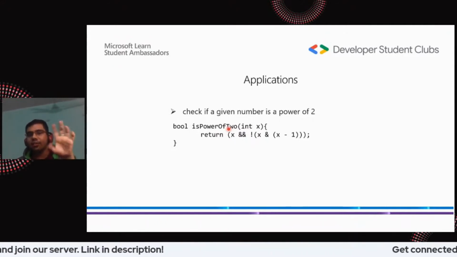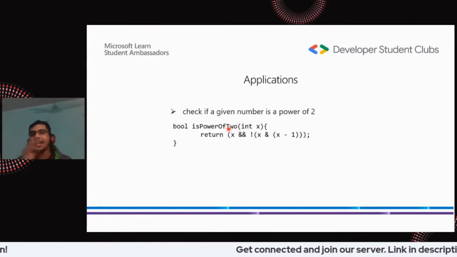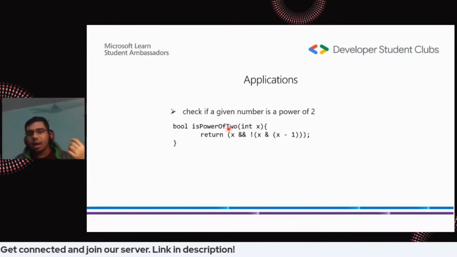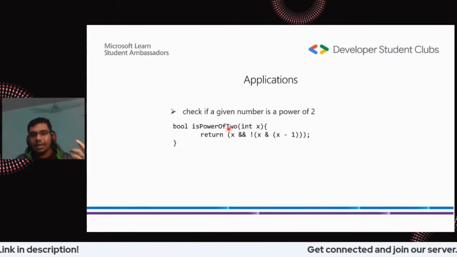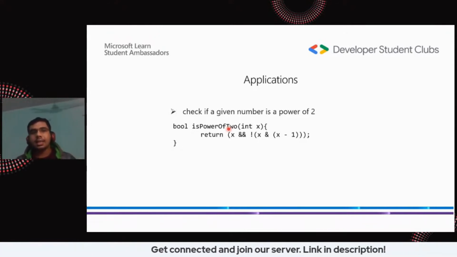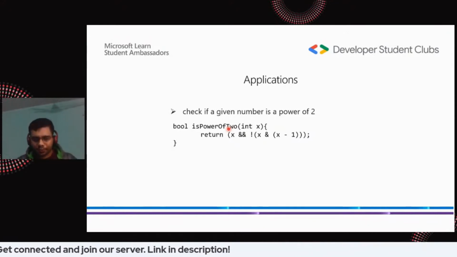This will check if x is 0 or not. And the rest, not of x and x minus 1, will check for the power of 2 or not. This will check whether x is a power of 2 or not, right? Ultimately, we found that yes. So returning 1 means we found that this number is a power of 2.